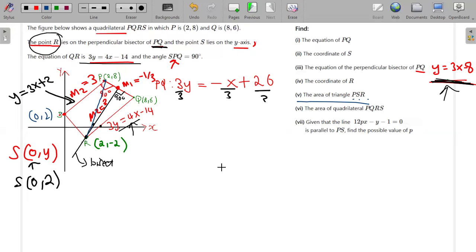If I just want to use the coordinates there, how will my formula look for the area? So I have these points: 2, minus 2, then 0, 2, and then 2, 8. How would I use these points to find the area directly?